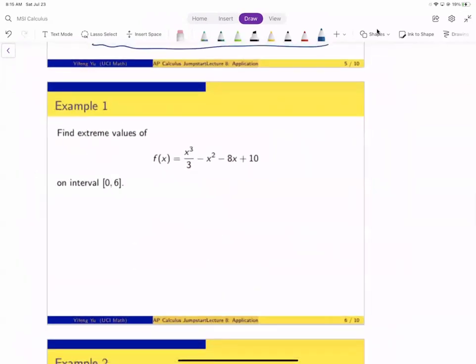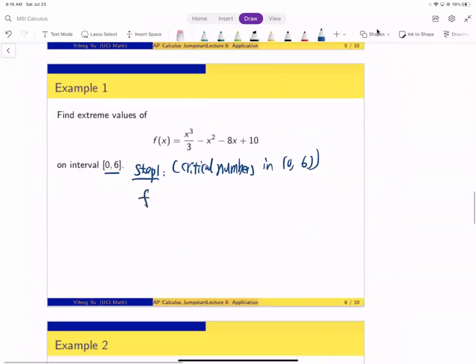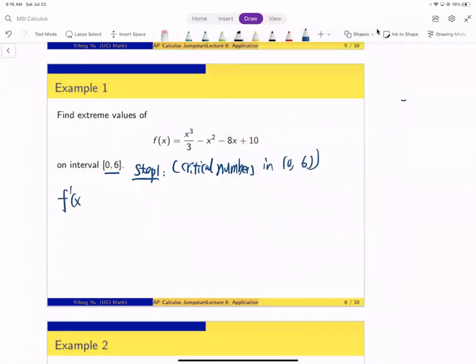Okay, example 1. Let's find the extreme values of this polynomial, f(x) equals x cubed over 3 minus x squared minus 8x plus 10, on the interval [0, 6]. Step 1, we find critical numbers in the closed interval. For that, we just take the derivative f prime of x, which equals x squared minus 2x minus 8 equals 0.